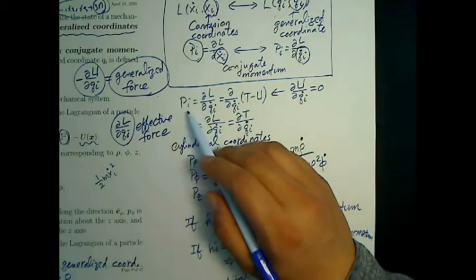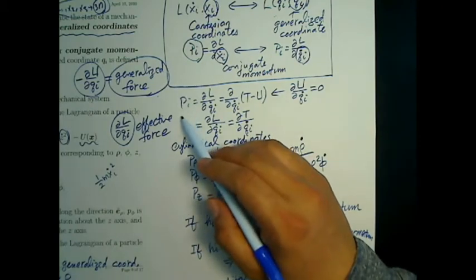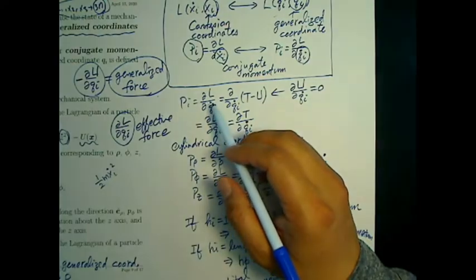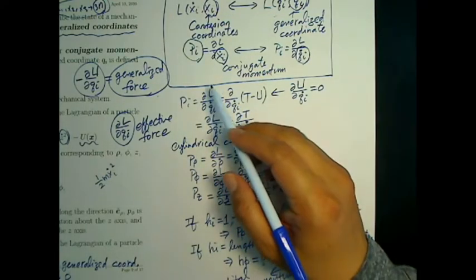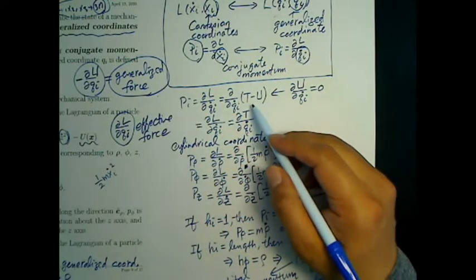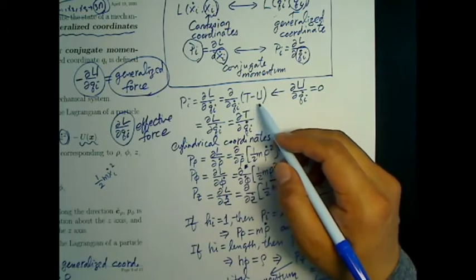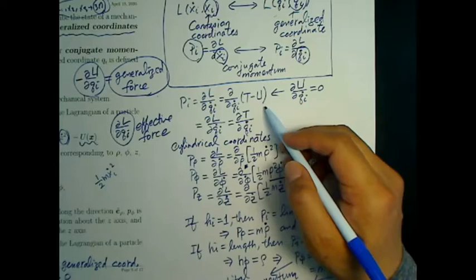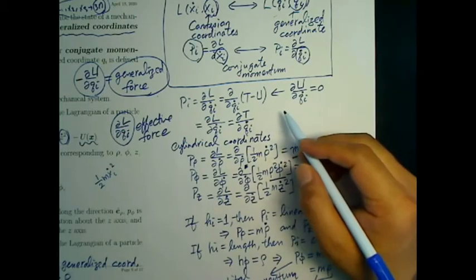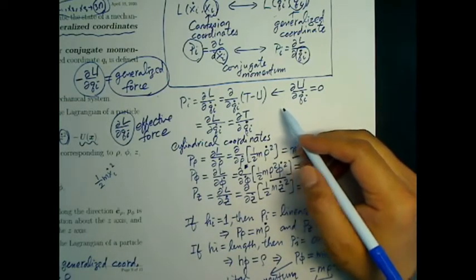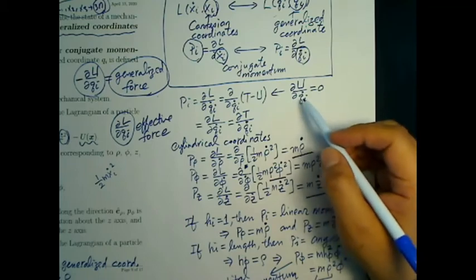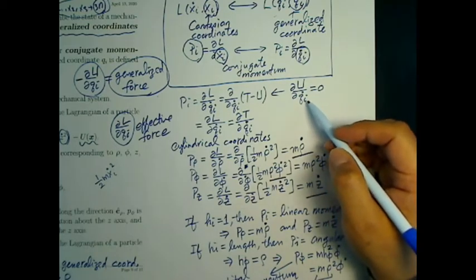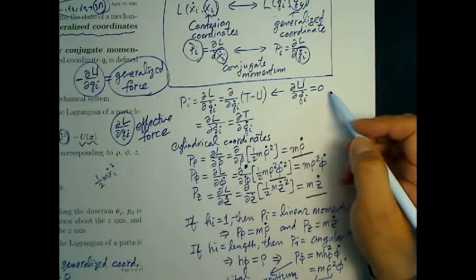If we compute the generalized momentum, we take the partial derivative of the Lagrangian, and the Lagrangian is the kinetic energy minus potential energy, because we do not consider a velocity dependent potential. The partial derivative of the potential energy with respect to Qi dot must vanish.